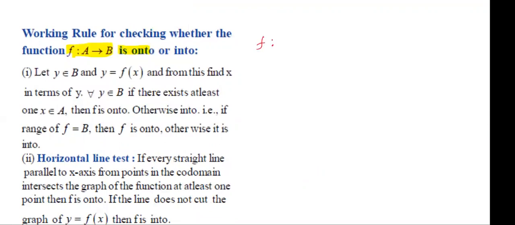You can write like this: f maps A to B is onto, that implies let y belongs to B, y belongs to B, and x belongs to A set.